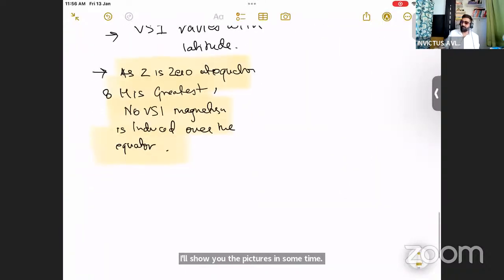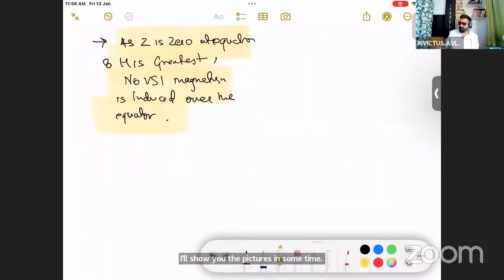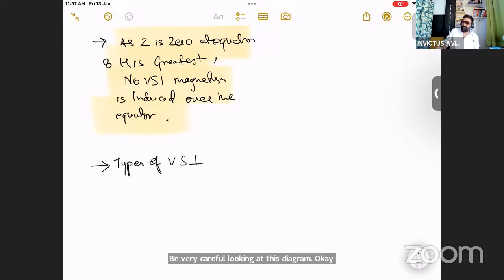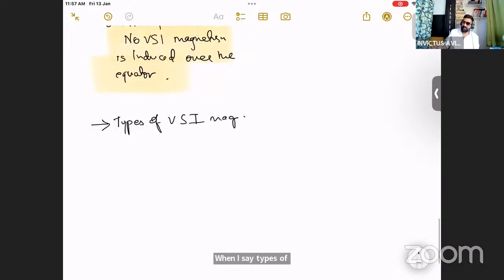I'll show you how the vertical soft iron can be induced, okay? Be very careful looking at this diagram, okay? When I say types of VSI, understand carefully how it would look like in an aircraft.